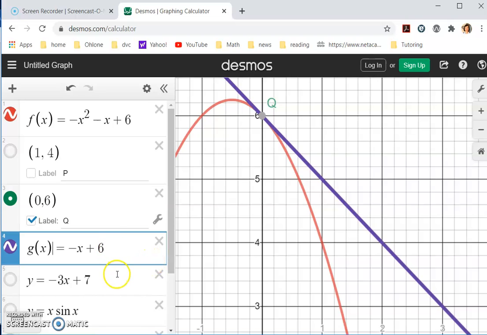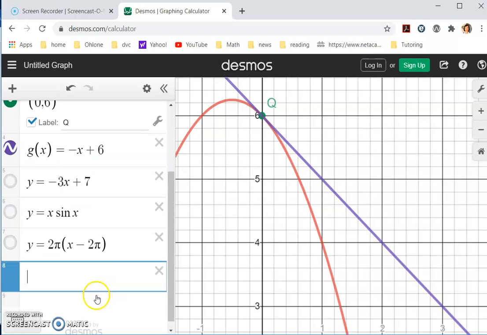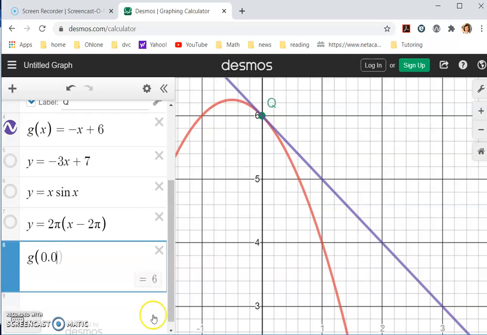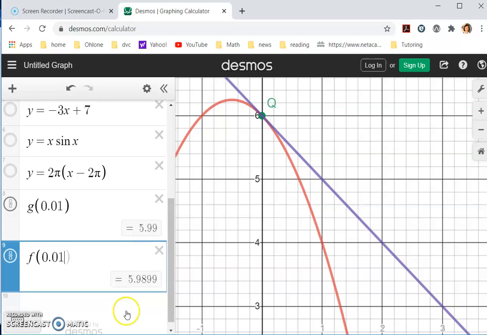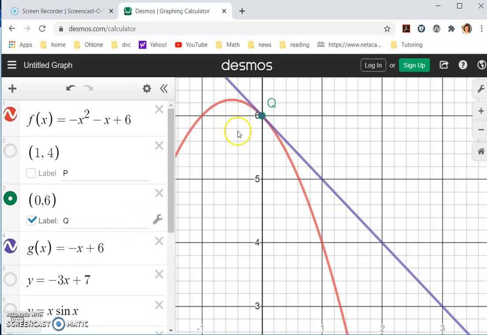And then g of 0.01, what would it be? We have 5.99. If I say f of 0.01, what would it be? 5.9899. They're really close. See the idea? So the idea is, do not use f of x for a point that is close to the tangent line.